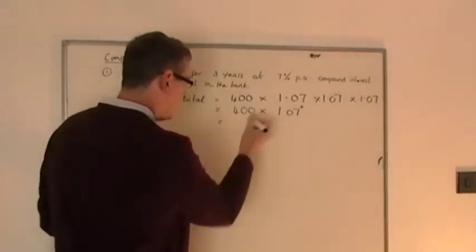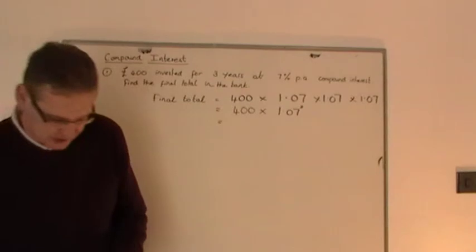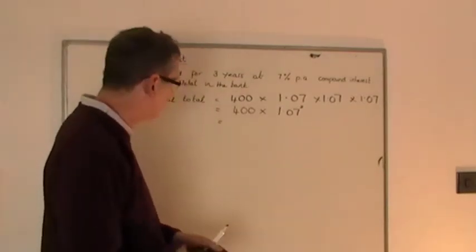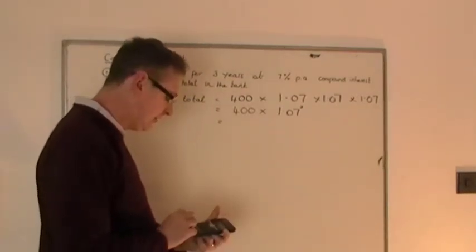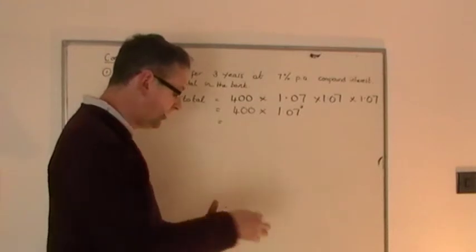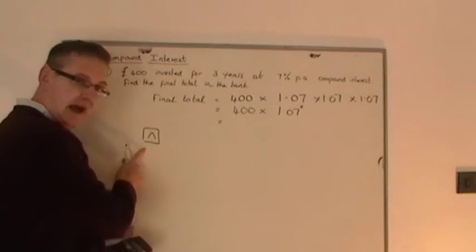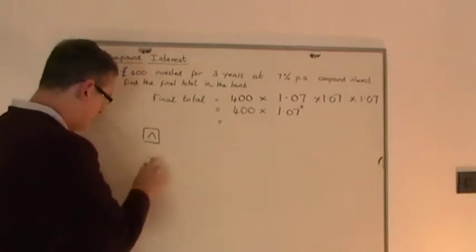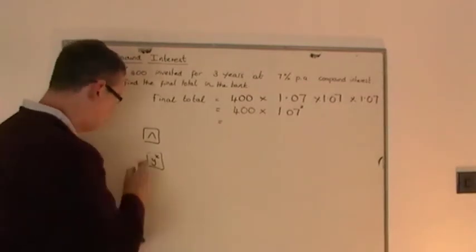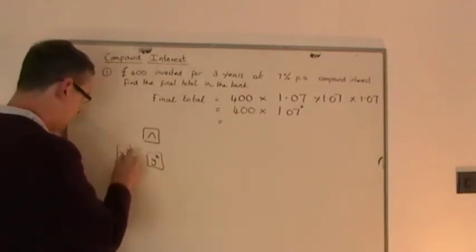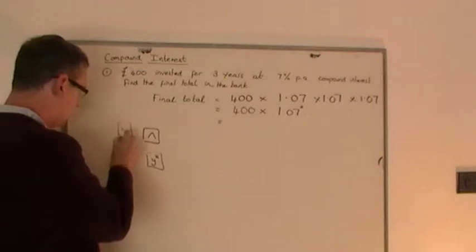So on a calculator, all I've got to do is work out 400 times 1.07 to the power 3. So you obviously need to know where your power button is. The power button on my calculator is that little sort of hat symbol. But on your calculator it might be Y with a little power X, or possibly it might be X with a little Y. On some calculators you get X with a little box like that.